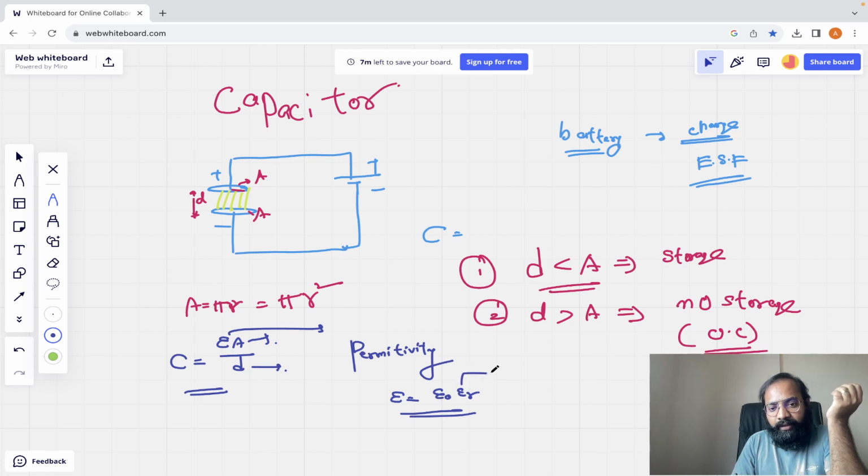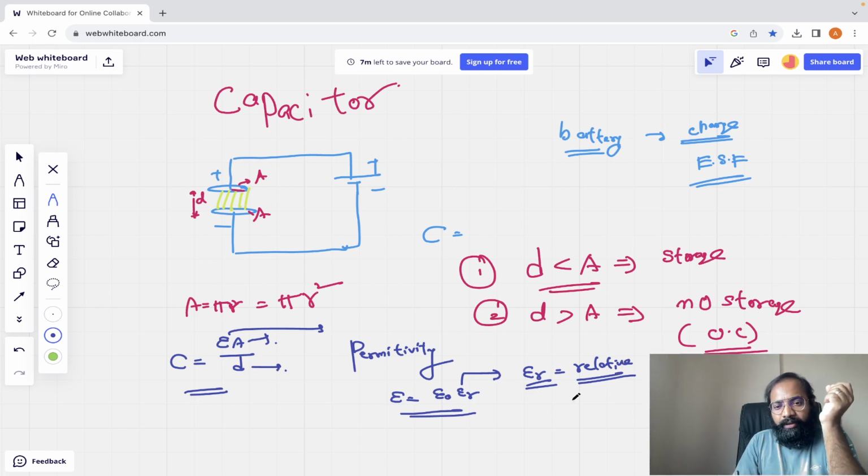And it is the epsilon R. So epsilon R is called the relative permittivity. Silicon has one epsilon R, germanium has another epsilon R, carbon has another epsilon R, like that. Different materials have different relative permittivities.